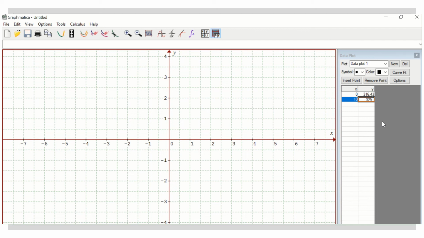And then the amount of CO2 is 325.03. 1980 would be 20 years from 1960, so we put in 337.9. And then 30 years from 1960, we have 353.8. So year 2000, so that is 40 years from 1960.